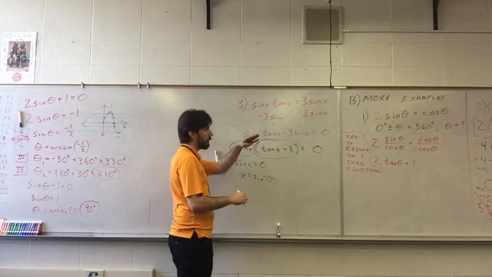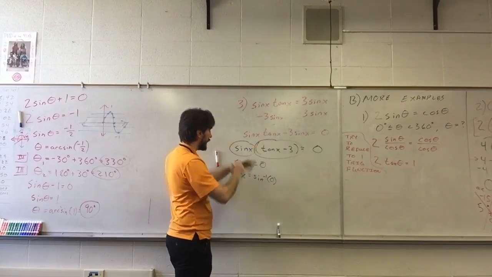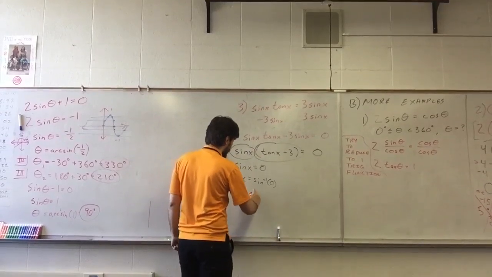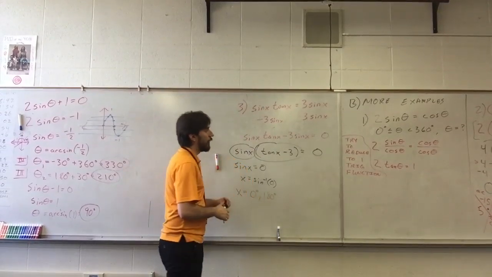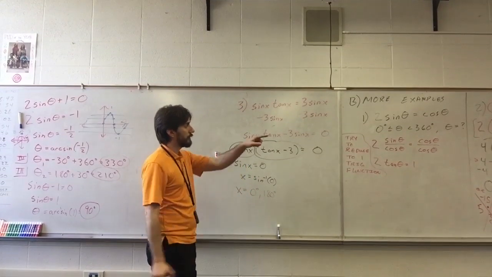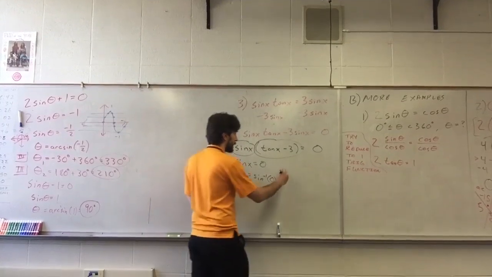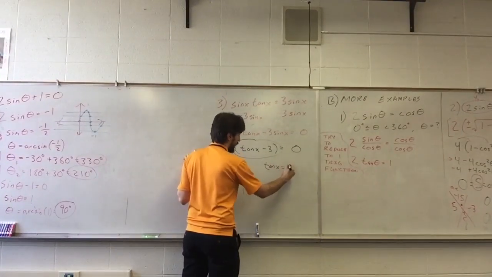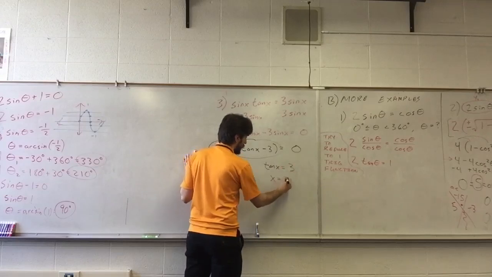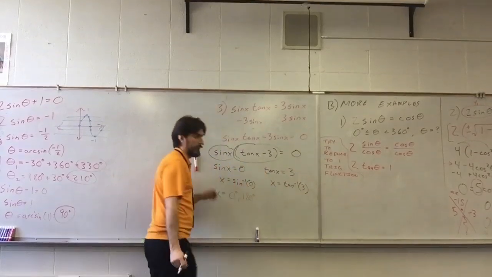Sine is 0 when y is 0, which happens at 0 degrees and at 180 degrees. Oh, shoot. One of those is not a real answer back there. I was just thinking about that. We're going to go back to that problem in a second. I forgot the last step. For this one, we need tangent of x to equal 3. So then you inverse tan, and that one is going to be a decimal.